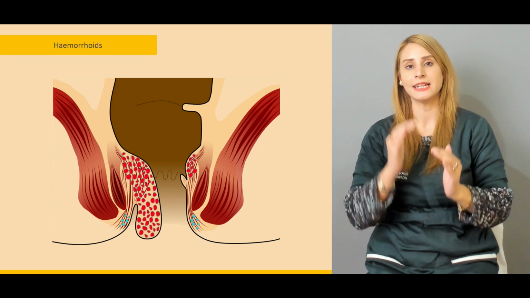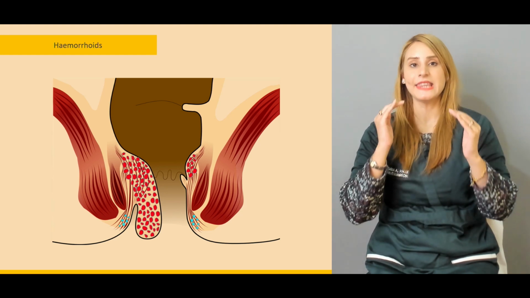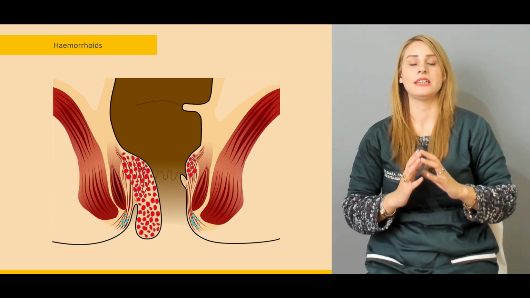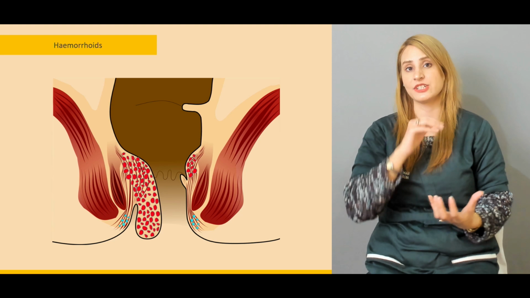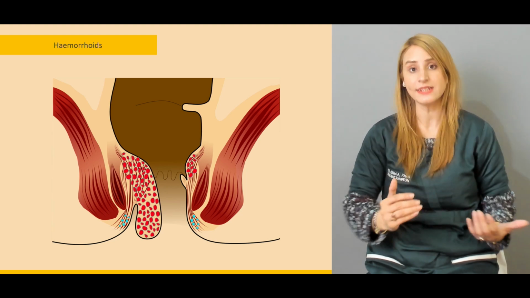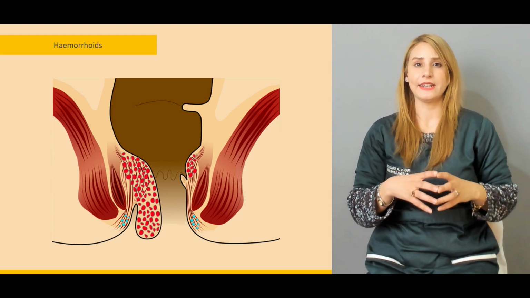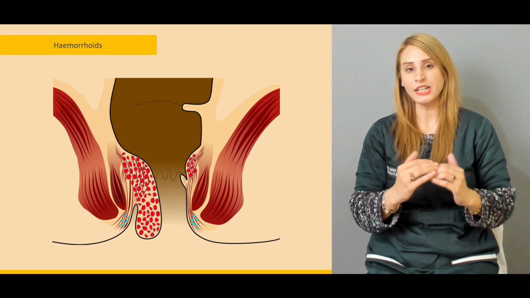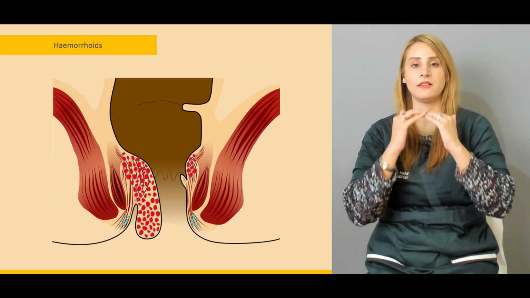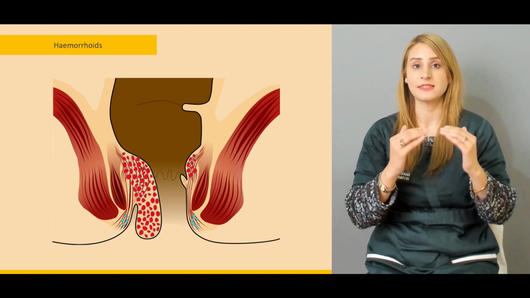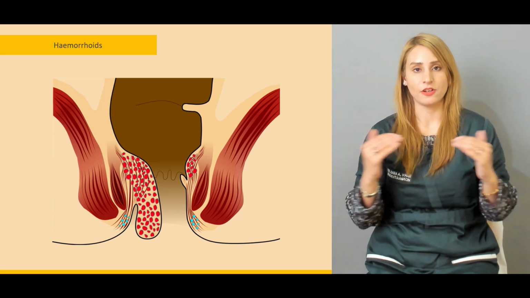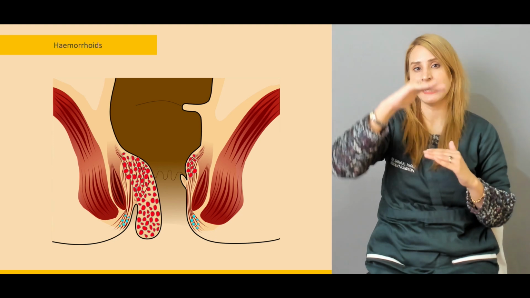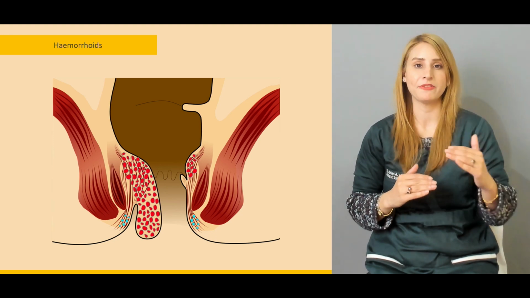We all know that there is a connection of the large intestine with the anal canal, and the part which is connected with the anal canal is called the rectum. The whole anal canal is about 4 centimeters, and there is a proper demarcation between the upper half and the lower half of the anal canal because of the presence of the dentate line.